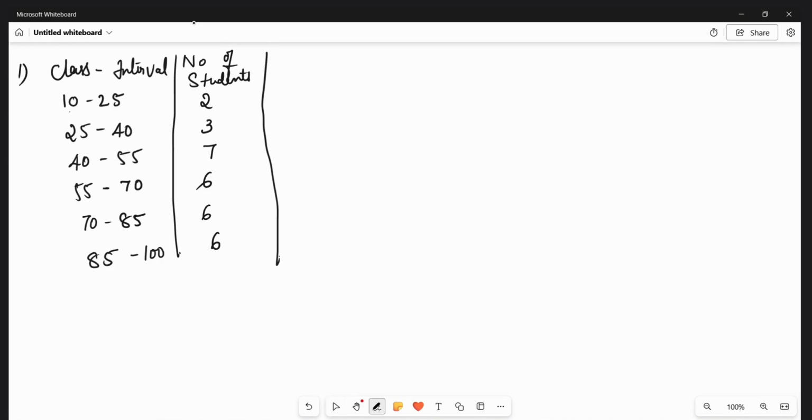The people who have taken marks in the range of 10 to 25, there are 2 students. 25 to 40, it is 3 students. 40 to 55, in this range, 7 students have taken the marks. 55 to 70, 6 students. 70 to 85, some people have taken the marks, how many? 6.